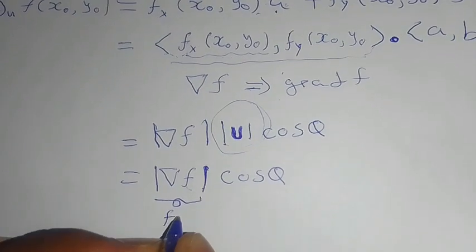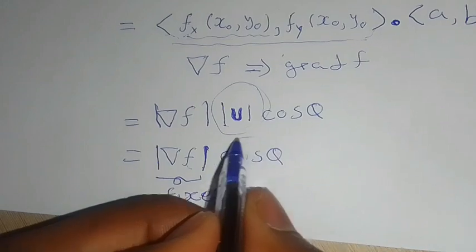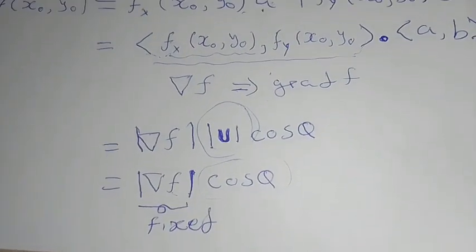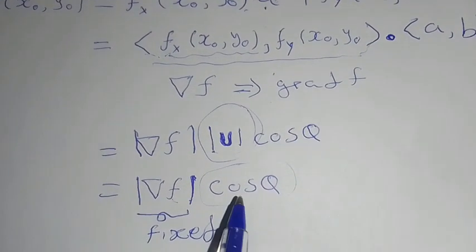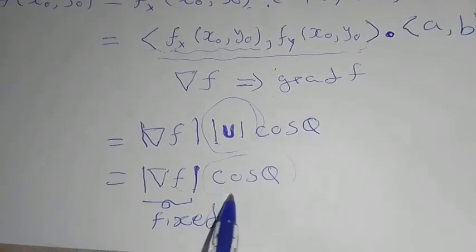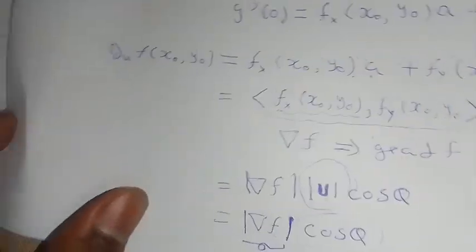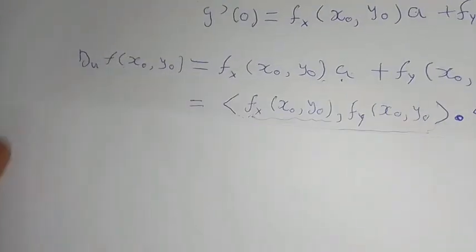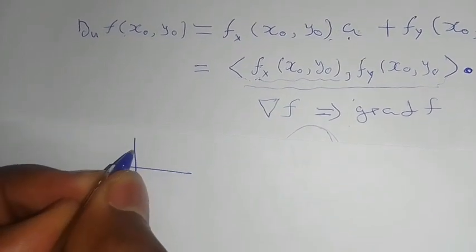It's just a certain value. The only thing that can change is the cosine of the angle between those two vectors. But here's the thing. Notice that we can find the maximum value of the directional derivative. So let's just do that, because cosine is defined. Cosine ranges between two defined values. If you graph cosine, then you have something like this.